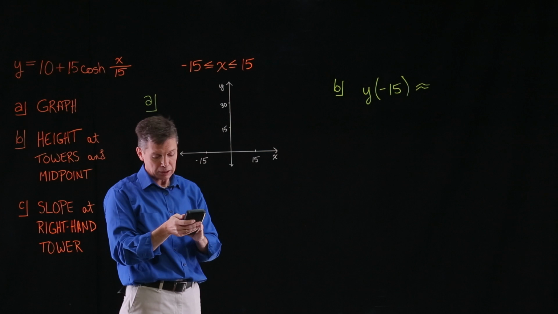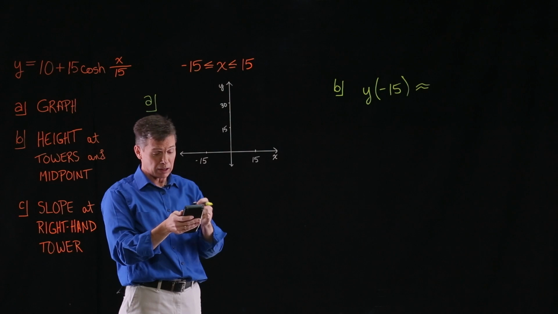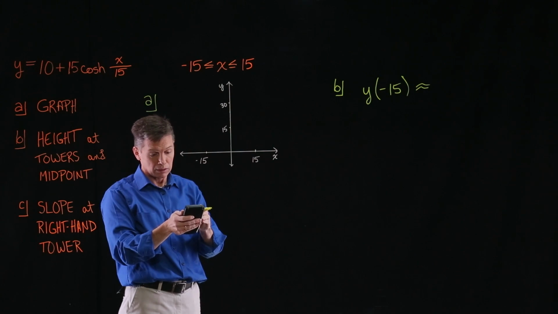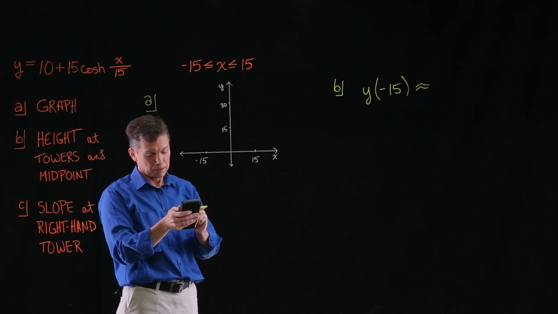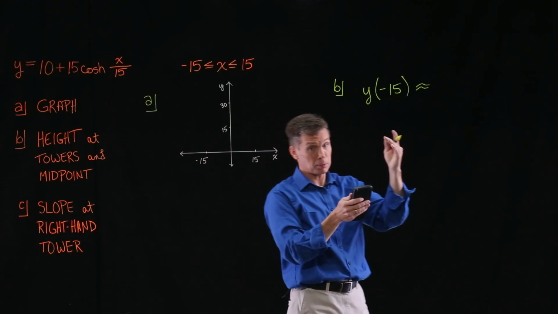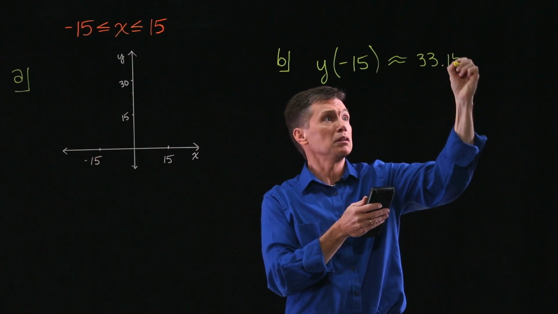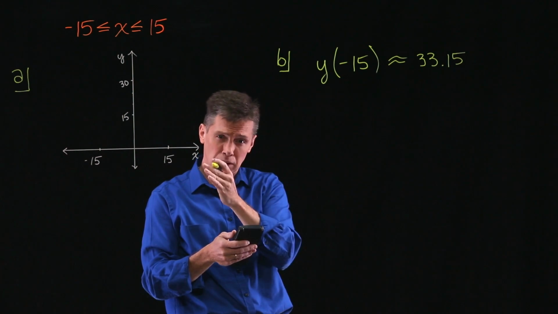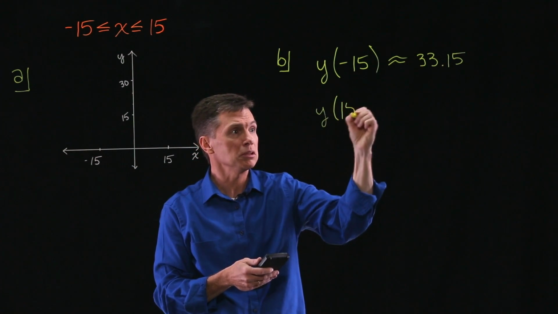So for me, what I'm entering here is 10 plus 15 times, and I've got to go to my catalog and then bring up the C's and look down until I see COSH, enter, -1. Then hit enter, and I am getting a value of approximately 33.15. Okay. All right, and that's only my left-hand tower, so I'll also do my right-hand tower very similarly.